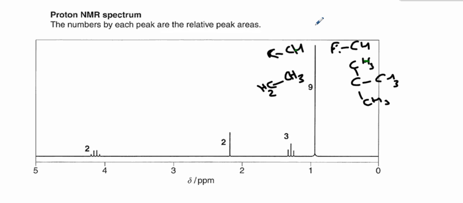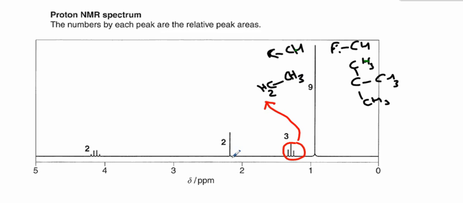Because it's a triplet, I'm thinking that next to it I've got CH2. So I know that my area is 3, so I've got CH3. It's a triplet, so I'm thinking there's a CH2 next to it, because remember n+1 rule, you've got 2 adjacents plus the actual environment itself.